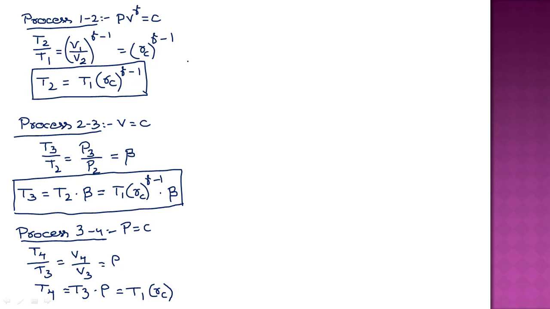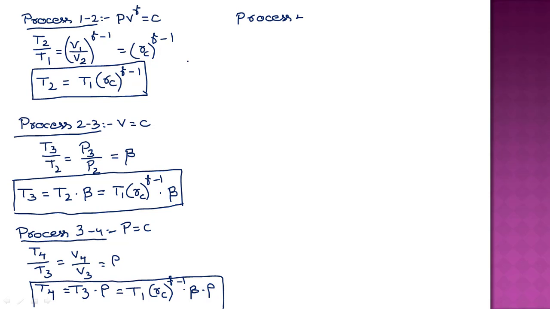Now let us take process 4 to 5. Process 4 to 5 is isentropic expansion. So PV power gamma equal to constant. We can write T5 by T4 is equal to (V4 by V5) whole to the power gamma minus 1.